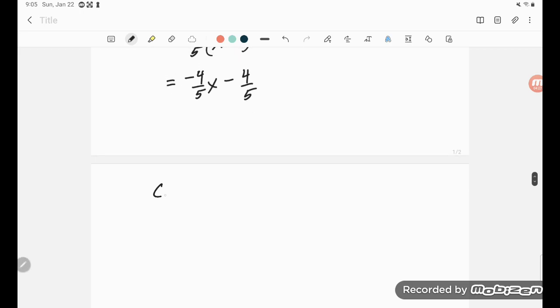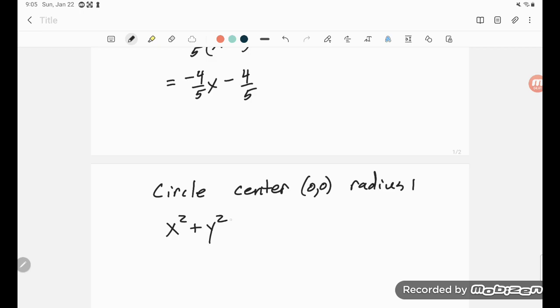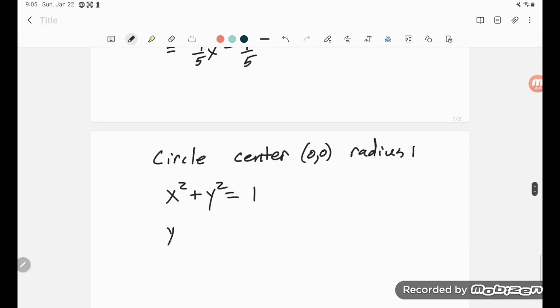And the circle, they told me, had center 0, 0 and radius 1. And so I know that is x squared plus y squared equals 1. And so I also have y equals -4/5 x minus 4/5.